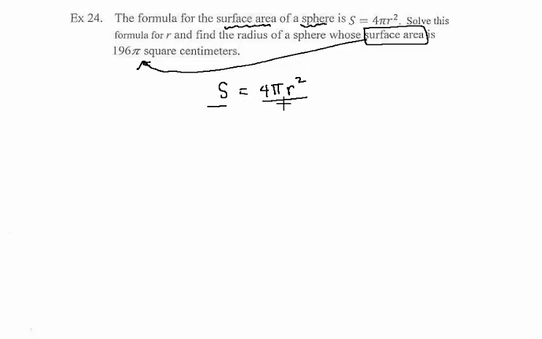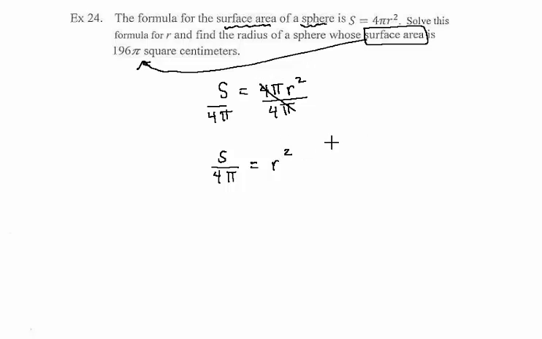Alright, the first step toward getting the r by itself would be to divide both sides by 4 pi. Okay, can't simplify the left side, but we do have the 4 pi's cancel on the right, and we're left with r squared. Alright, we want r by itself, and it has this square.